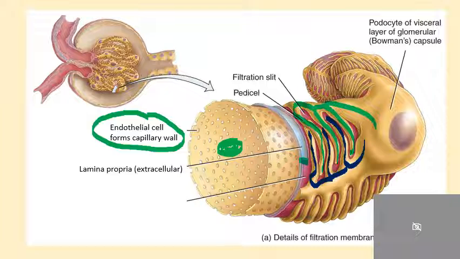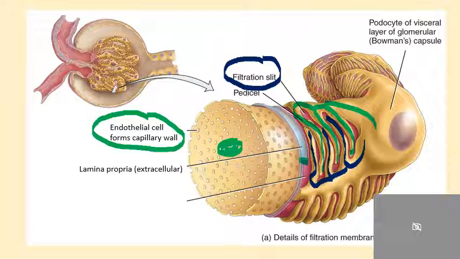So these are our pedicels. Well, in between the pedicels, the gaps between them are called filtration slits. And these filtration slits are slits that allow filtration to happen. They're slits that are small enough to exclude anything bigger than a medium-sized protein.